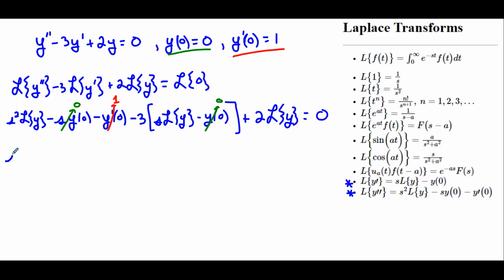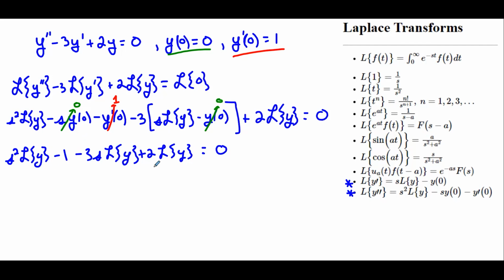So I get s squared Laplace transform of y. Don't have this term because it's 0. And then minus 1 minus 3s Laplace transform of y plus 2 Laplace transform of y. Again, I don't have this term because it's 0.